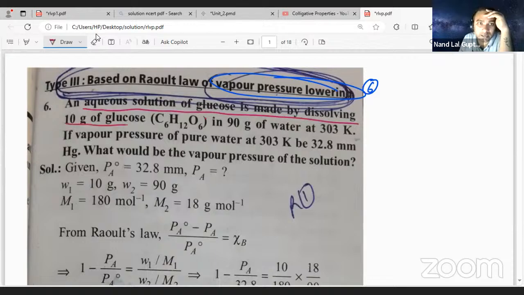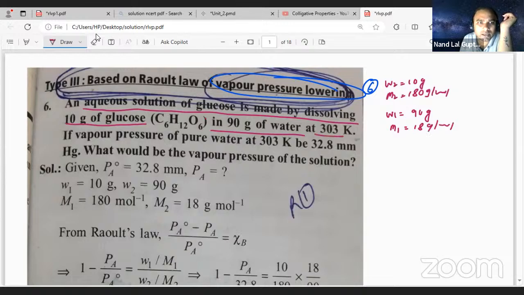dissolving 10 gram glucose. 10 gram glucose means W2 is equal to 10 gram. M2 will be 180 gram per mole. In 90 gram water, W1 is 90 gram and M1 is equal to 18 gram per mole. Here they are saying at 303 Kelvin, if the vapor pressure of pure water is 32.8, so P1 naught is equal to 32.8 mm Hg.